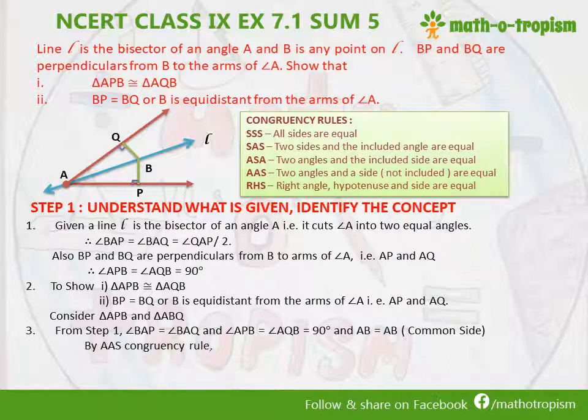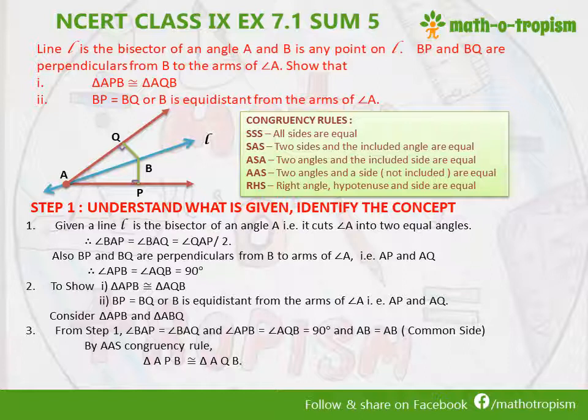So by AAS congruency rule, we have triangle APB. When we see angle A is equal to angle A, angle P is equal to angle Q, which is 90 degrees. So the remaining B is the corresponding vertex in both the triangles.